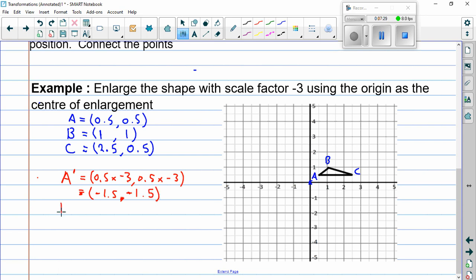Then we can do the same thing with B prime: 1 times negative 3, and 1 times negative 3, which will give us negative 3, negative 3.